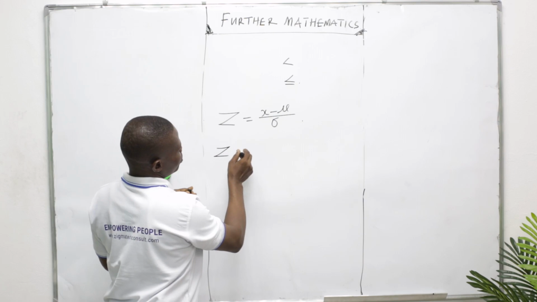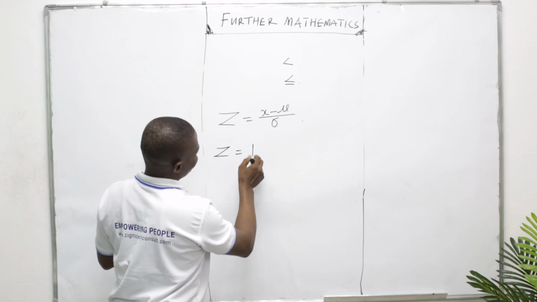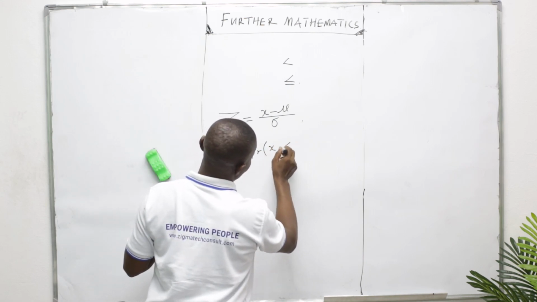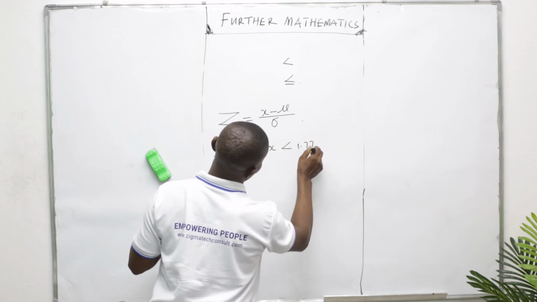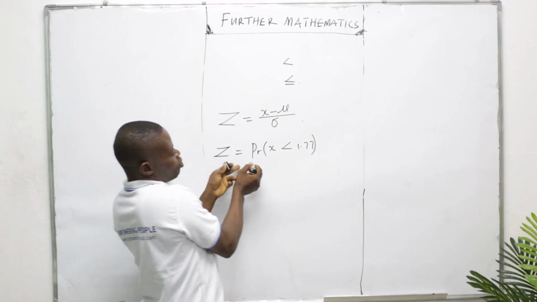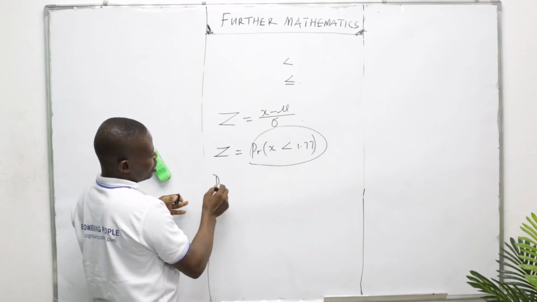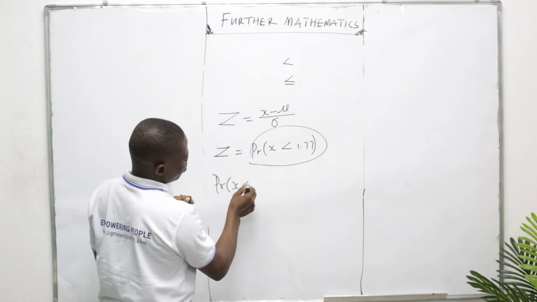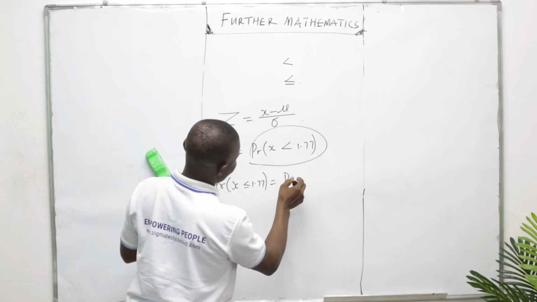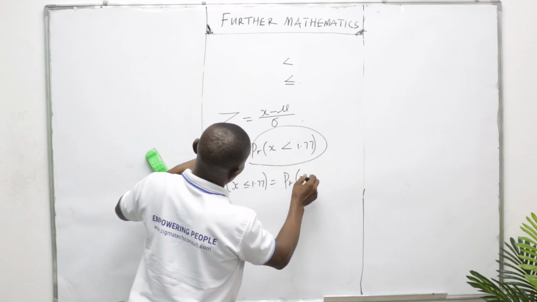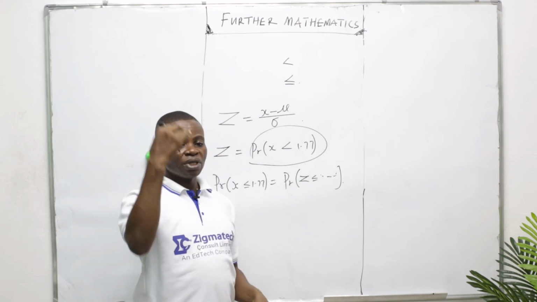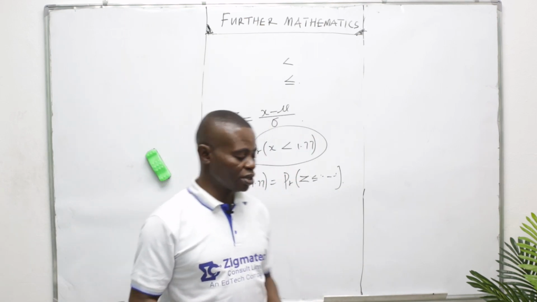Z will give us the probability of x less than 1.77, which is also equal to the probability of z less than or equal to whatever z will give us. For the solution, you are going to trace it from the normal distribution table.